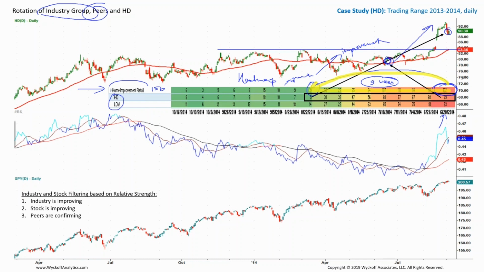It overcame a long-term resistance and committed to the upside. So a significant move to the upside produced a significant rally on the relative strength. We could see that this was the relative strength rise right here. And we could see this in the heat map as well.